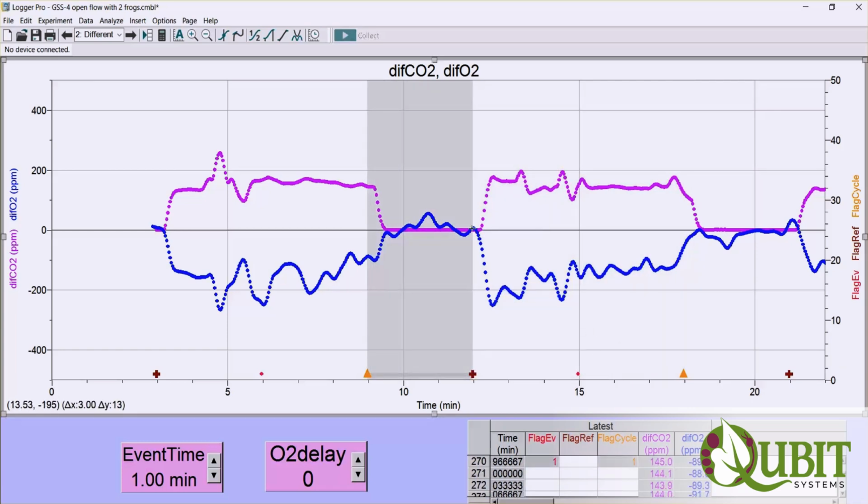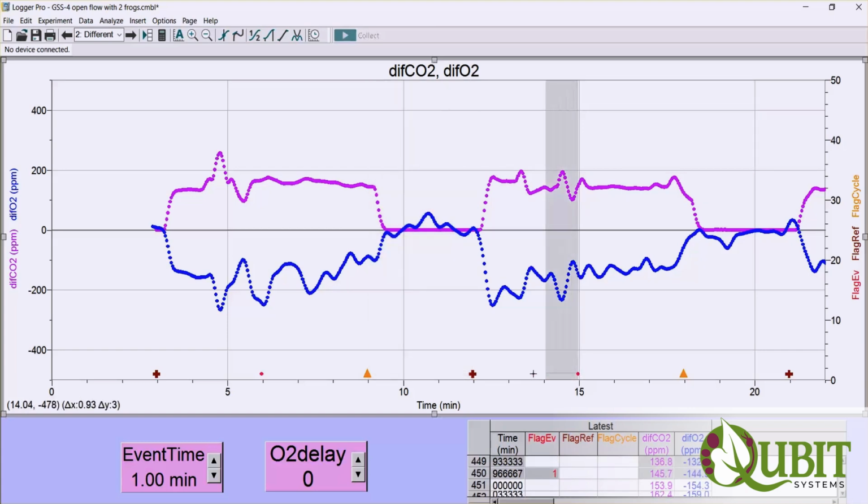We have some noise here in the oxygen signal. You can see the differentials of CO2 and oxygen are about 200 parts per million, which is fine.